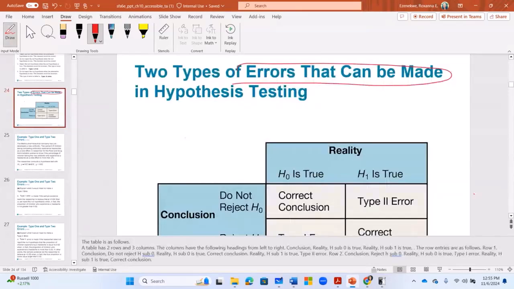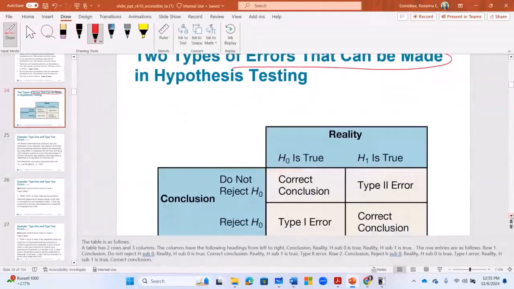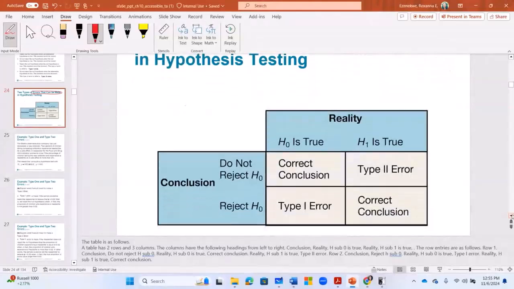Okay, so in this error table, right here, whenever the null hypothesis, in other words, the status quo, is true and you do not reject the null hypothesis, that is correct because the status quo is true.